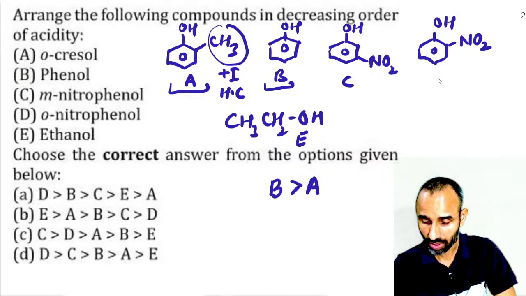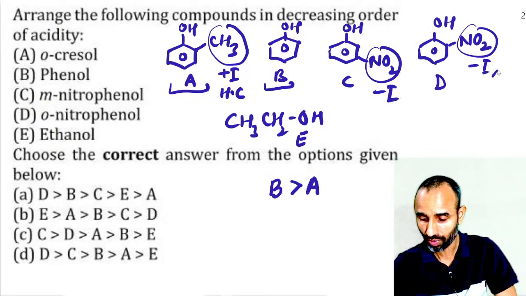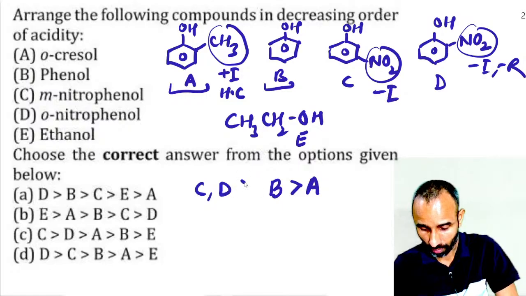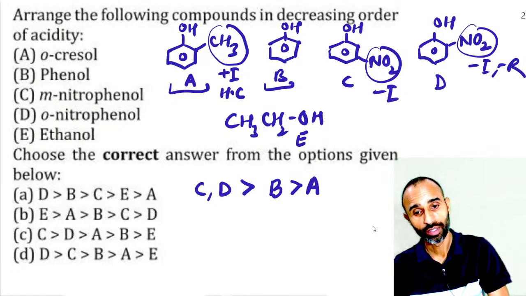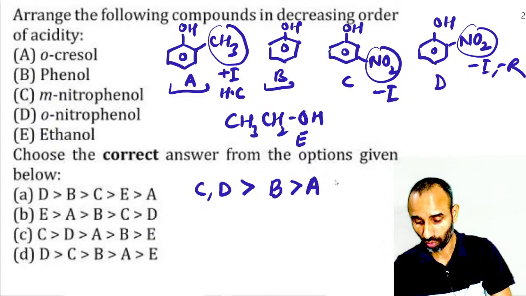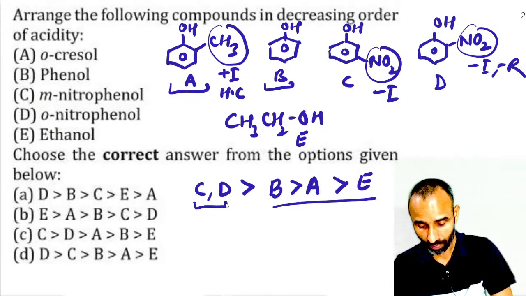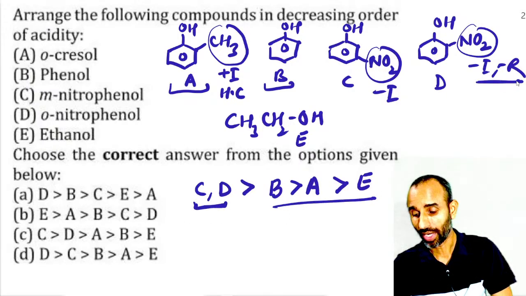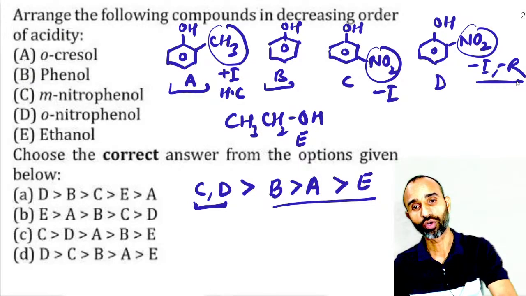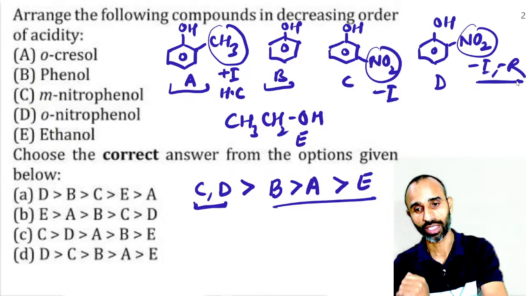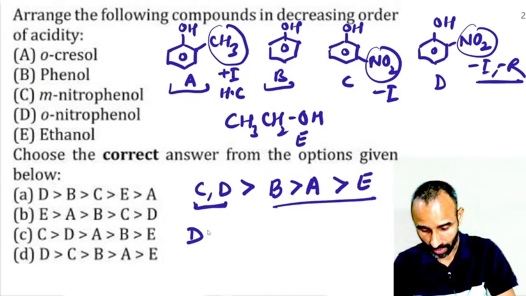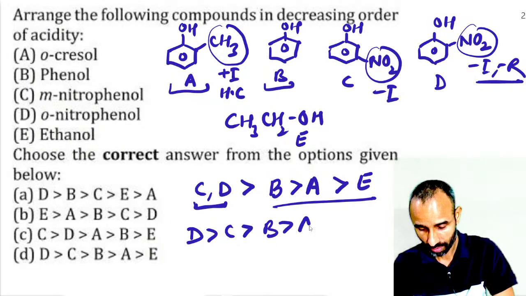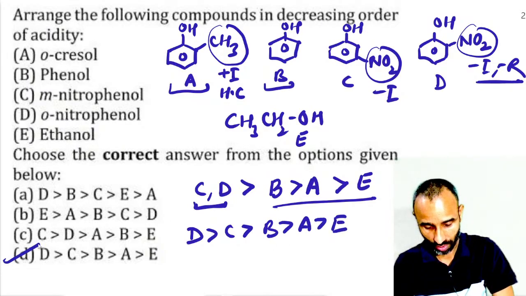But in C and D, the nitro group has electron withdrawing effect, and therefore C and D are more acidic than phenol, and phenol is more acidic than orthocresol, which in turn is more acidic than ethanol. Now if we compare C and D, the NO2 group at ortho is more withdrawing because of both minus I and minus R than at C, and therefore D is more acidic than C. Understood. So it is option D.